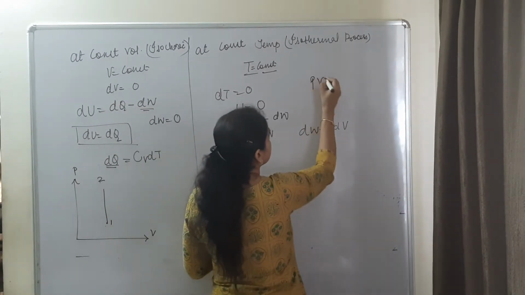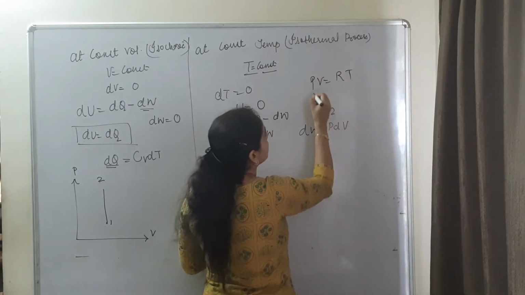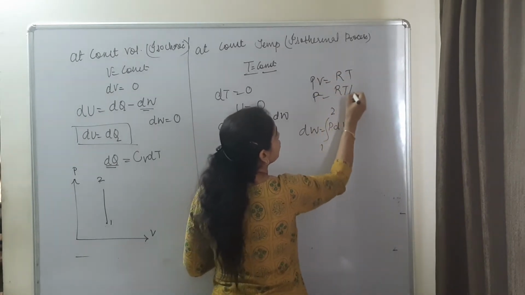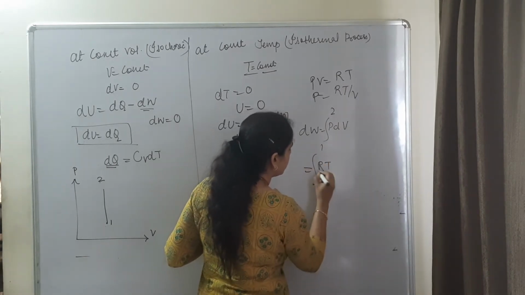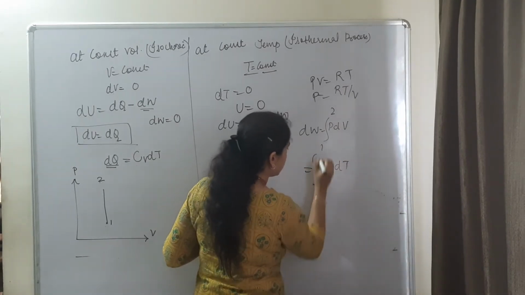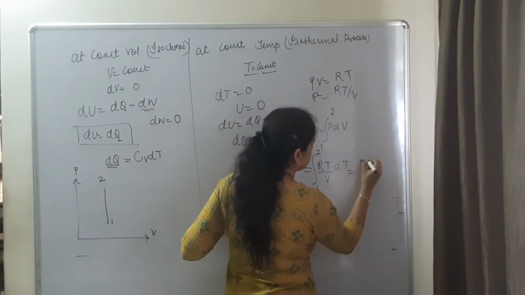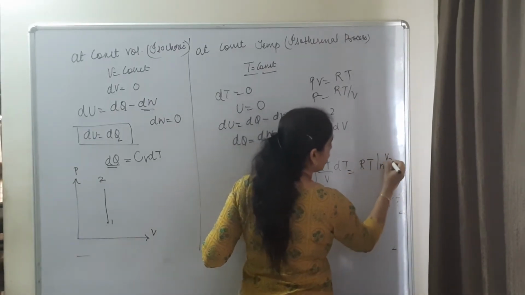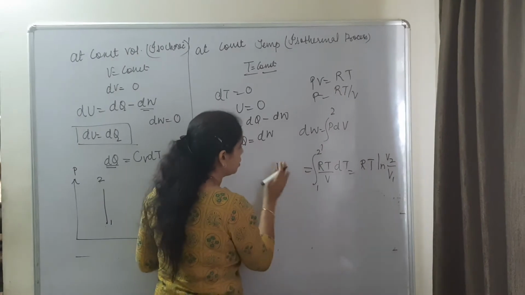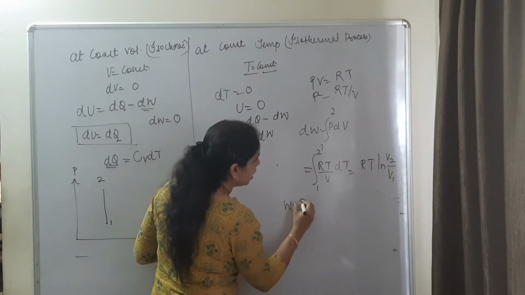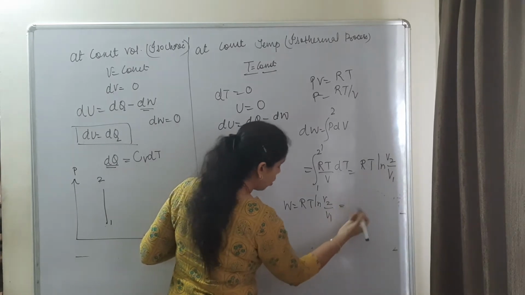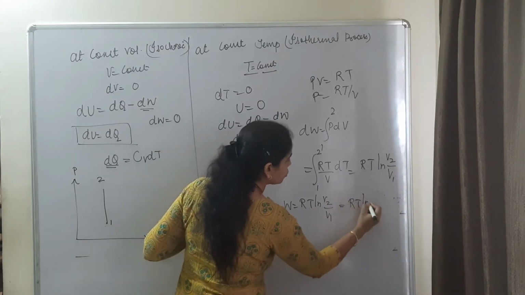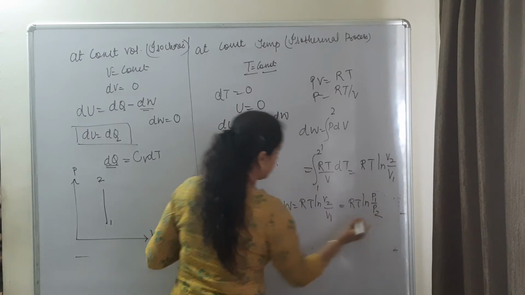So for any ideal gas, we know that P is equals to RT upon V. You can replace this RT/V dV from state 1 to 2. So you will get the value ln of V2 after integration. This is your W. So W is RT ln of V2 upon V1, or you can write in terms of pressure also, P1 upon P2, right?